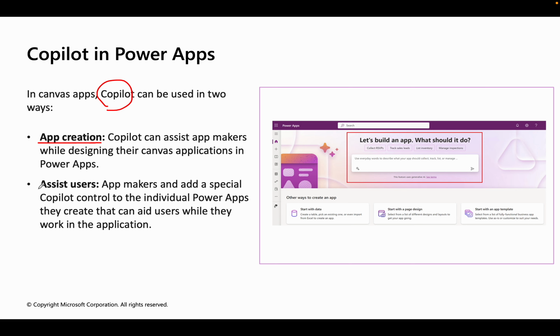The other one is to assist the user. For those apps, you may add something called a copilot control to your apps. Then at the time when you use your app, you get some assistance from the Copilot.